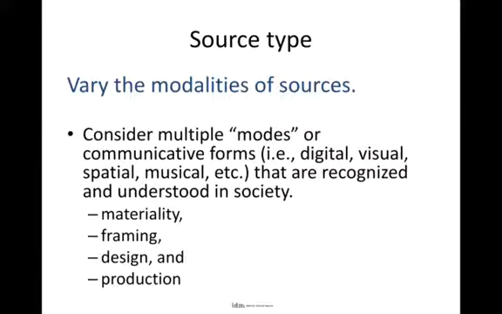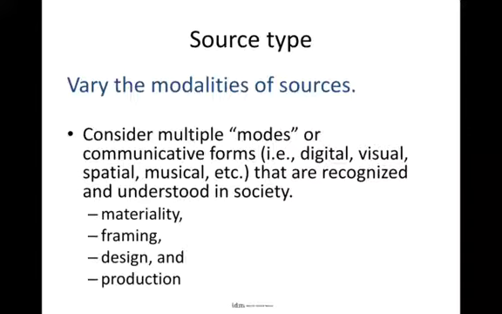They can be digital, visual, spatial. You can see the list there: musical, textual. There's a lot of things that aren't here. The idea is to vary and to try to represent the things that are recognized and understood in society. And sometimes we find ourselves engaging in some not so good habits in classrooms where we get focused on a particular type of source, particularly in history, where they tend to be text types of sources.